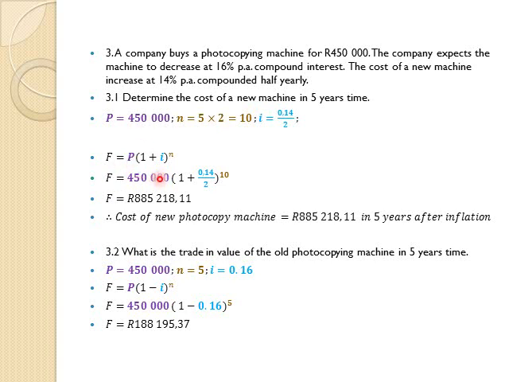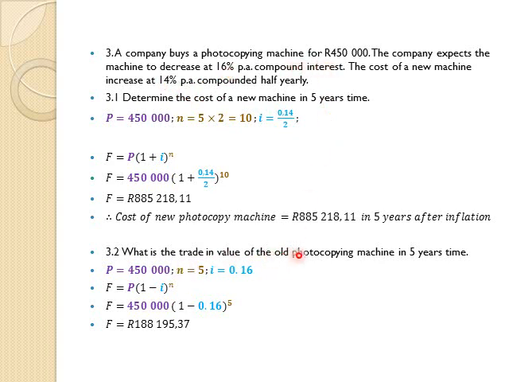P being 450,000, 1 plus 0.14 over 2 to the power 10. So new machine, 885,218 rand 11 cents. So that's how much money you must have to buy a new machine in 5 years' time.